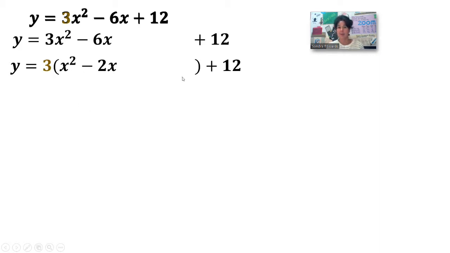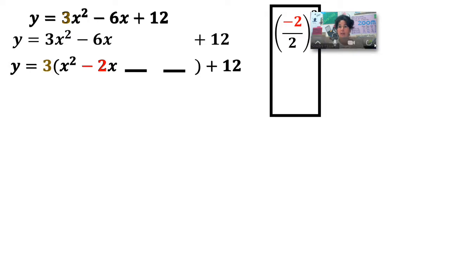Now inside parentheses, I have 1x squared minus 2x. So we do have a leading coefficient of 1. So we're going to complete the square in x squared minus 2x. So to complete the square, we're going to take the negative 2 and we're going to divide by 2 and square it.